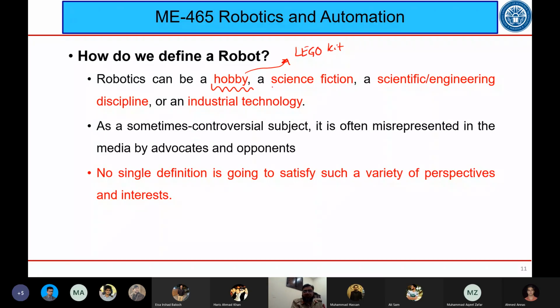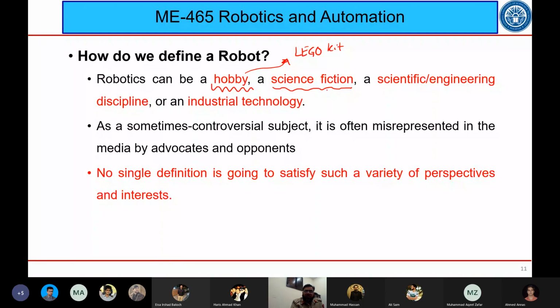Some people say that it's science fiction. In our early childhood, when we were young, we used to see science fiction movies in which there were robots, and today, after about 30 years, we see that whatever we used to see in movies is now practically made and being used by human beings.